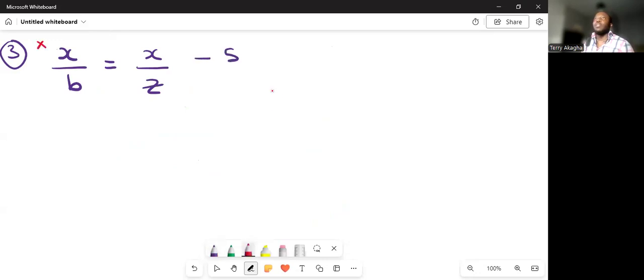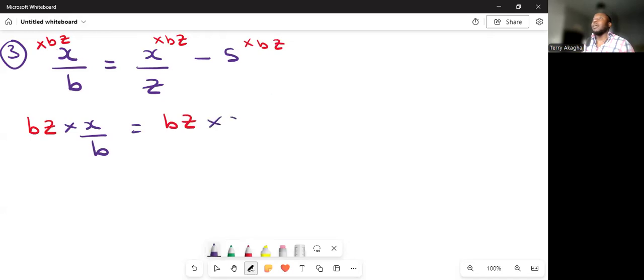So I'm going to multiply through by bz. I'll multiply this by bz, and I'll multiply this by bz. So it's going to become bz multiplied by x over b will be equal to bz multiplied by x over z minus bz multiplied by 5.